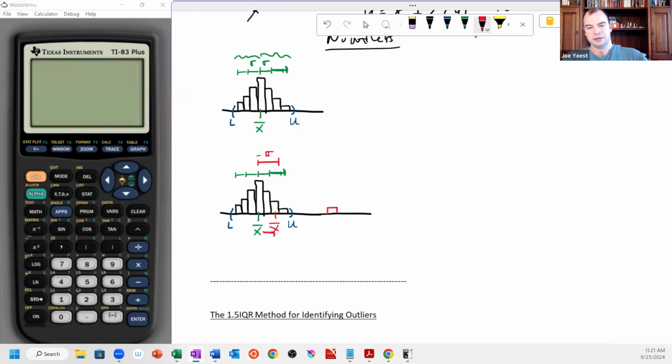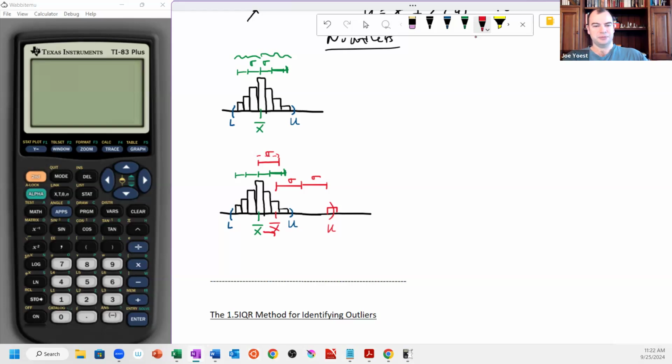And I start counting to the right two standard deviations from the new X bar. So it might actually be the case that my upper bound doesn't even indicate this as an outlier. Maybe this ends up falling just inside my upper bound, even though it's pretty clearly an outlier, right?